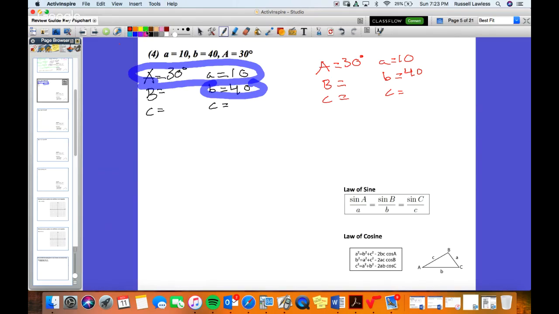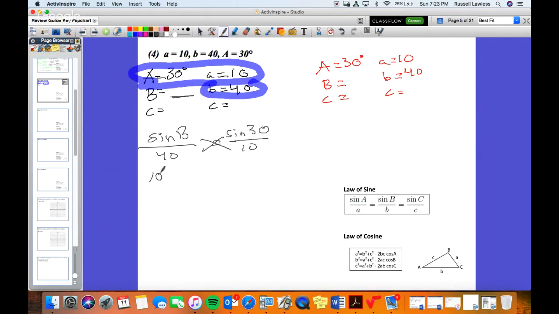So what we're going to do first is make sure that this triangle really works for us. So we're going to look for angle B here. We'll do sine of B over 40 equal to the sine of 30 over 10.